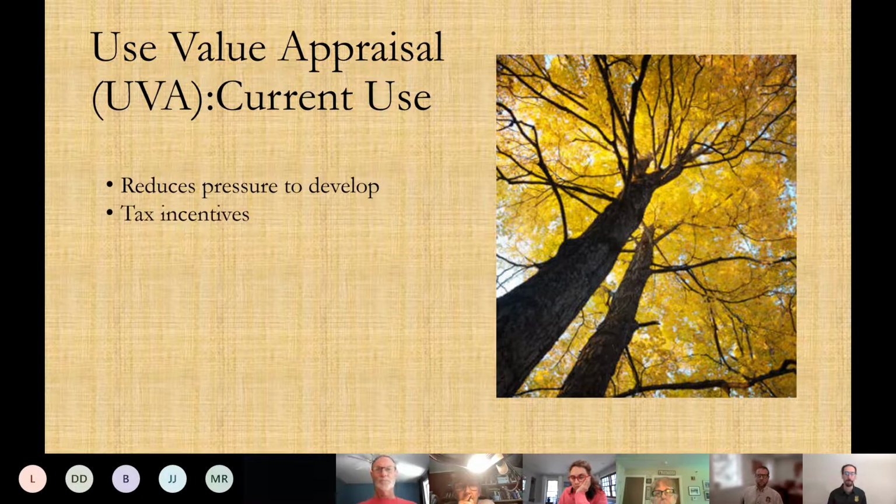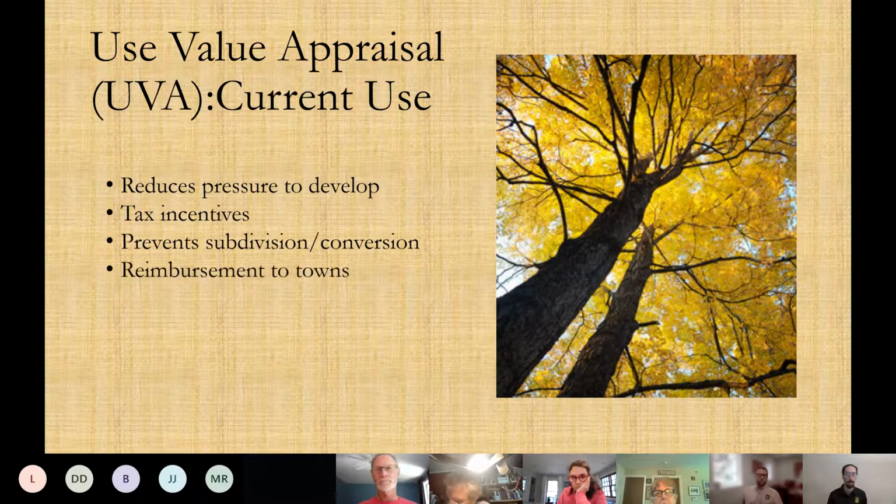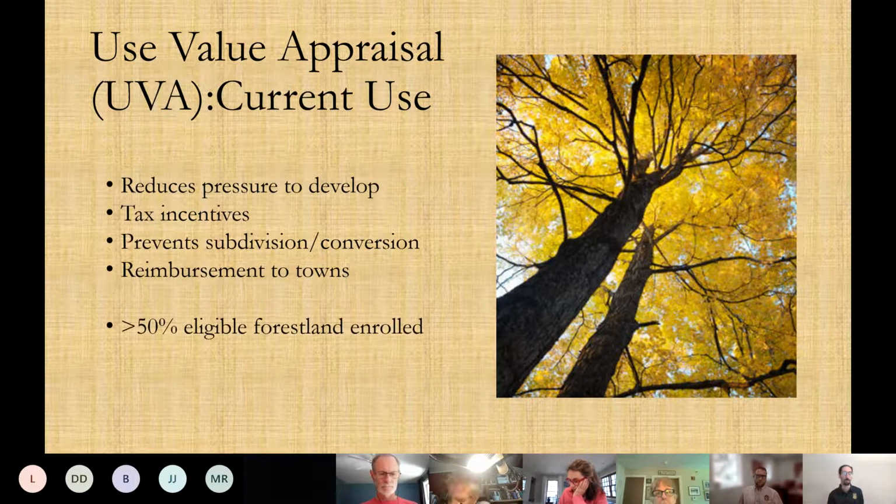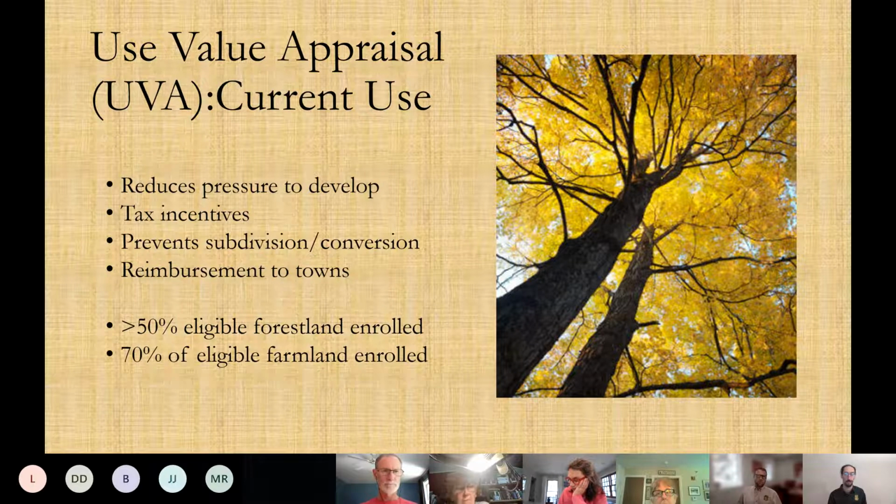It's a tax incentive for eligible landowners. Nonprofits or towns can be a part of this. It can prevent subdivision or conversion of forest. And then towns are also reimbursed annually. So enrollment in UVA doesn't affect your town's tax revenue. And already more than 50% of eligible forest land in Vermont is enrolled, and 70% of eligible farmland is enrolled.